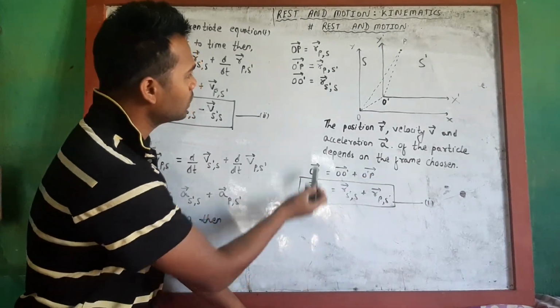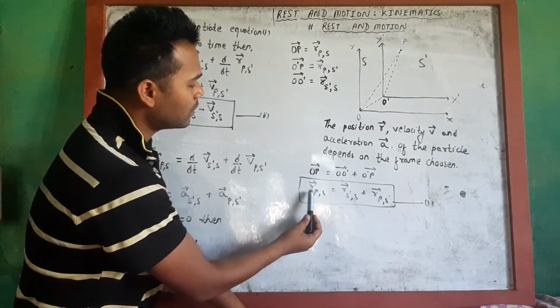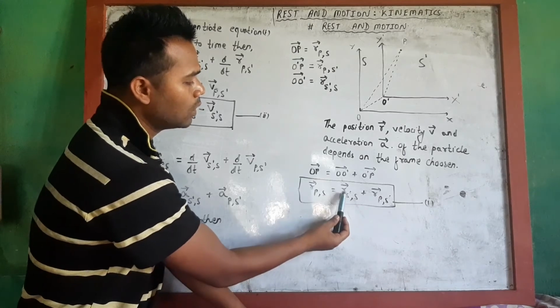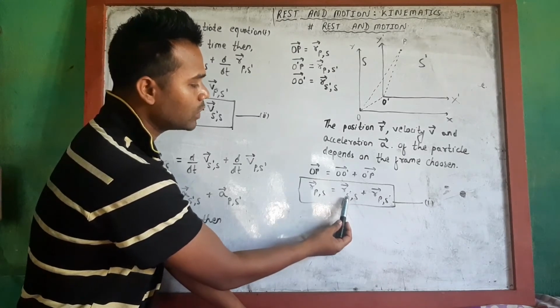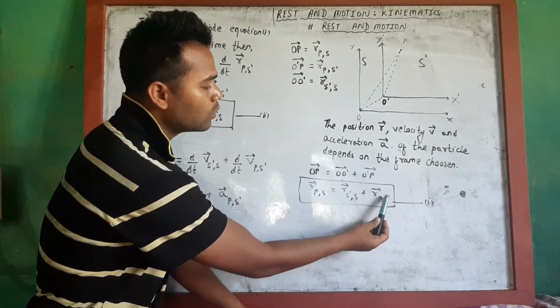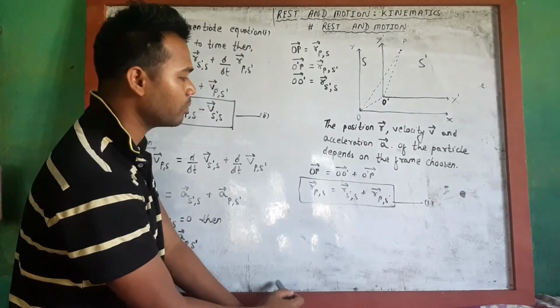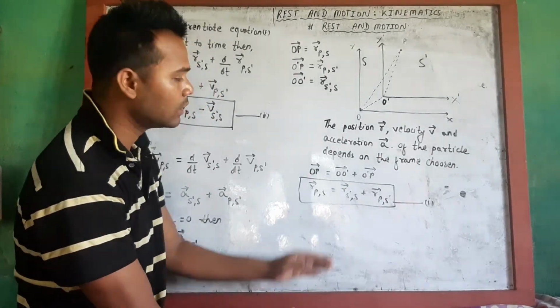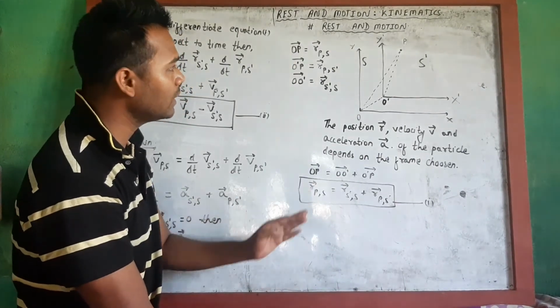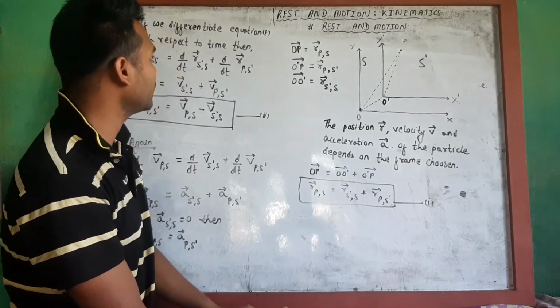Substituting, the position vector of particle P with respect to the S frame is equal to the position vector of the S dash frame with respect to the S frame plus the position vector of particle P with respect to the S dash frame. In this way, we can relate the position vector of the particle if the particle is observed from two different frames.